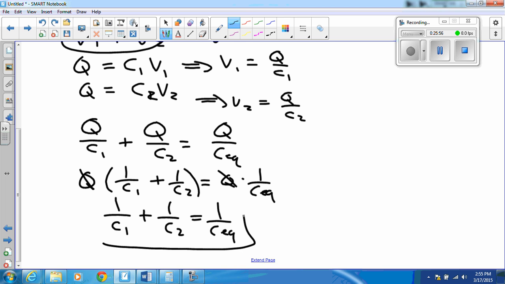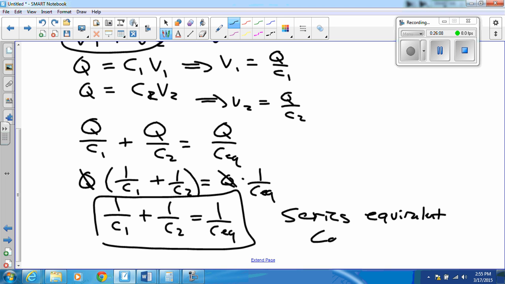And when I factor out that common factor and cancel it, I arrive at a relationship that is called the equivalent capacitance for series capacitors, or the series equivalent capacitance.